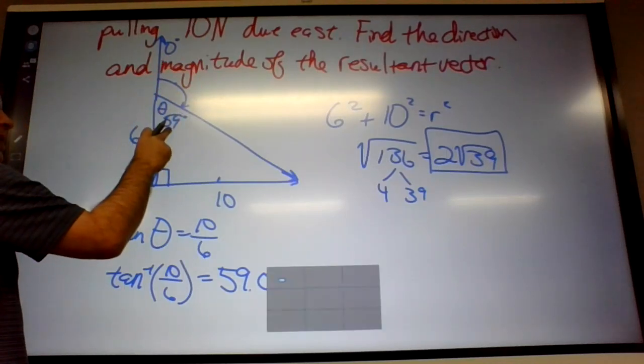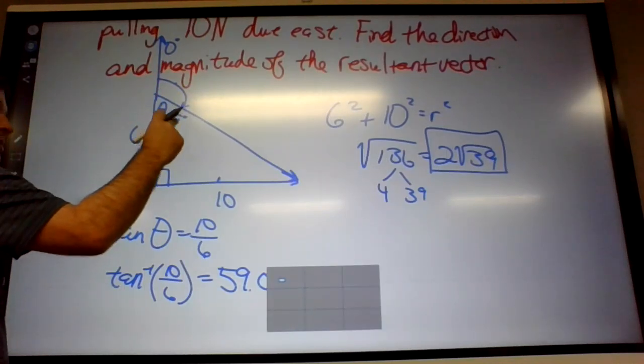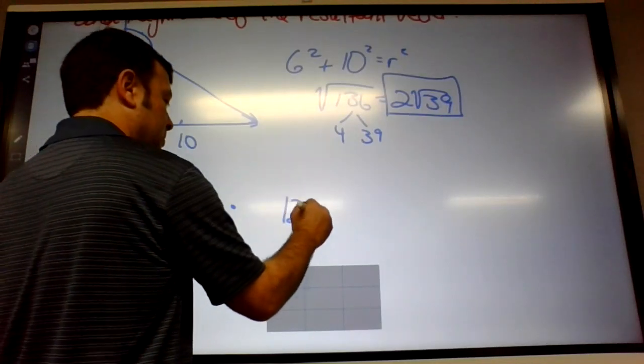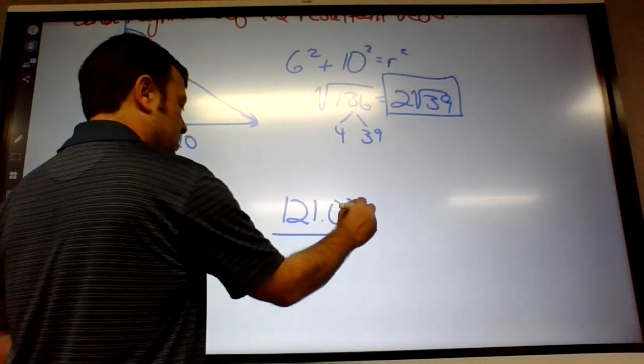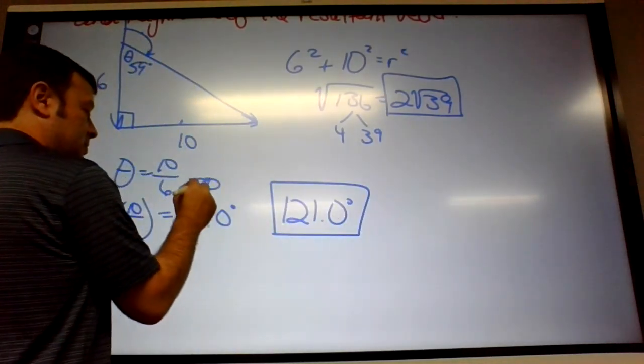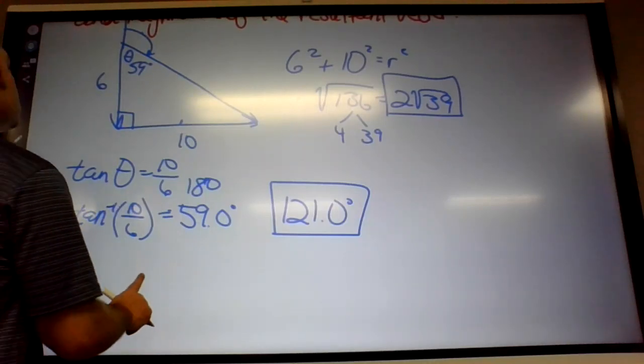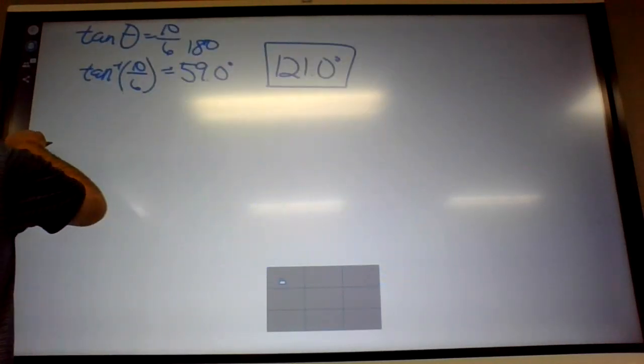So we do 180 minus 59, and that gives us 121. Now the one on the test might be different directions. I didn't really look. East and south. Okay, I guess it's the same. All right.